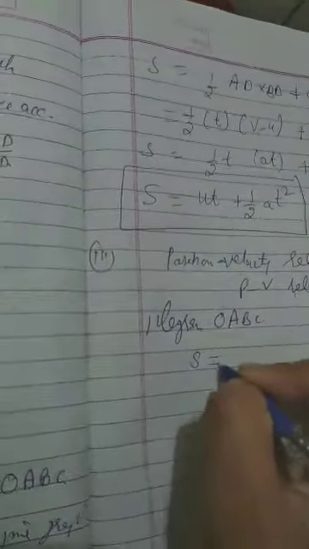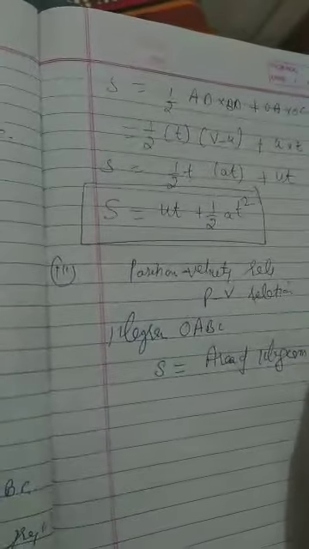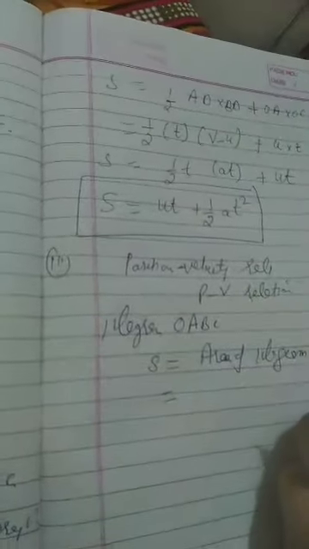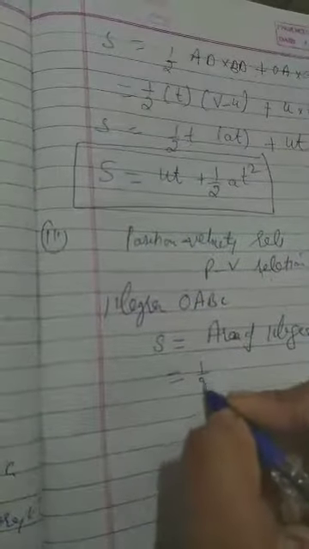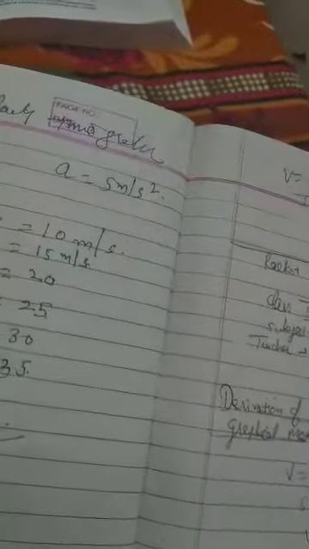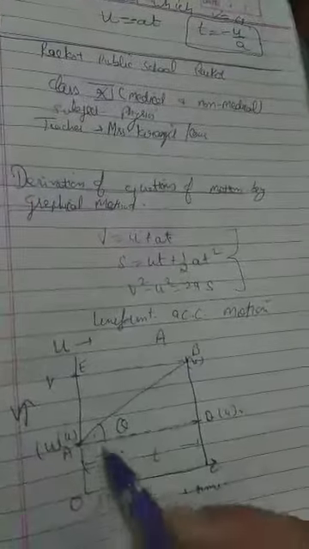So s is equal to the area of parallelogram OABC, or simply the area of a trapezium, which is half into the sum of the parallel sides into the height OC.